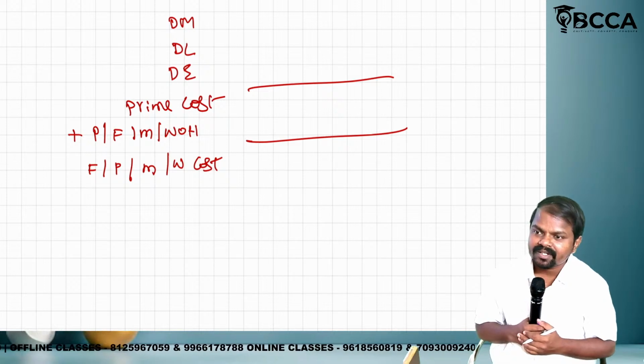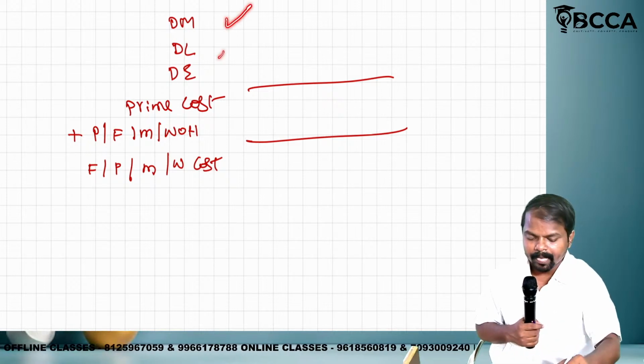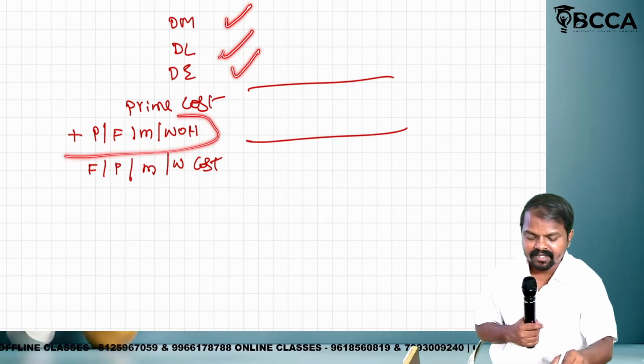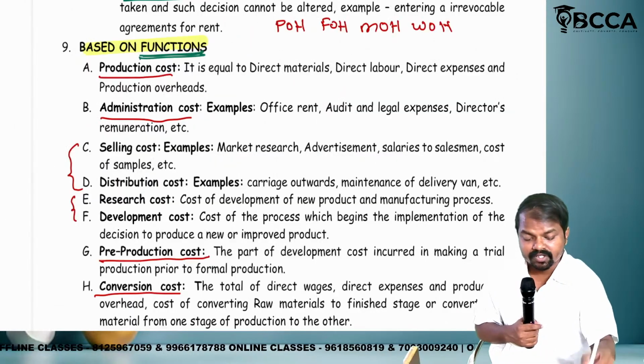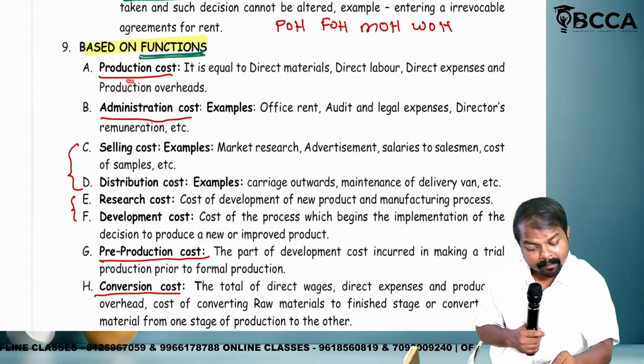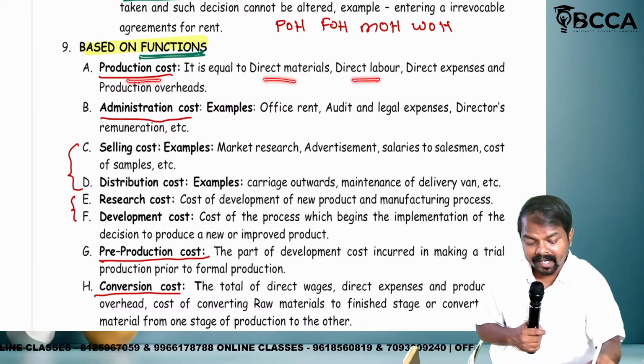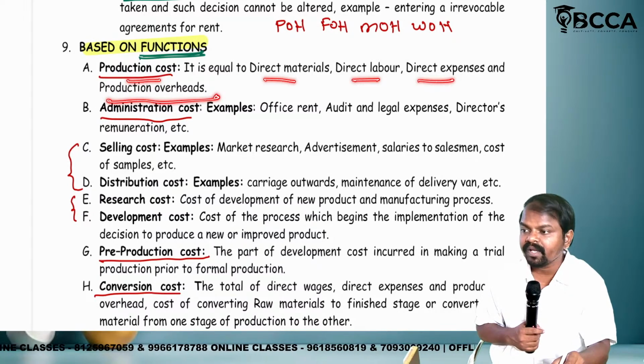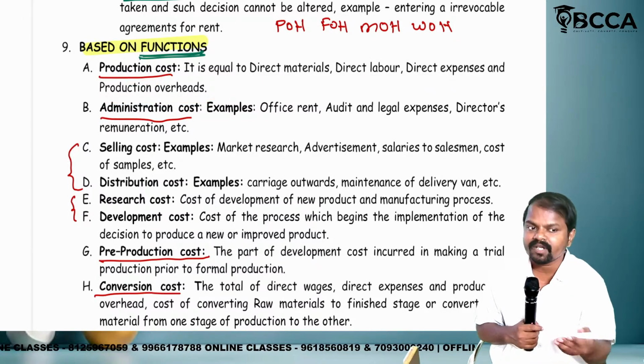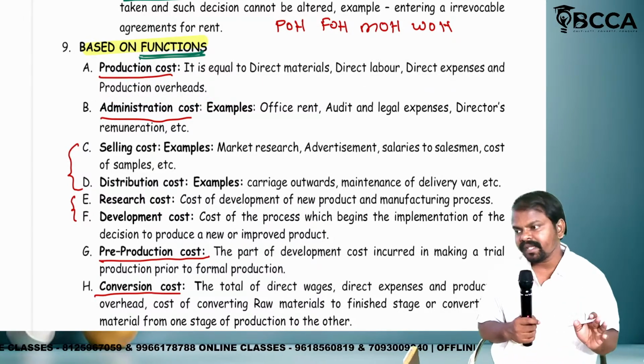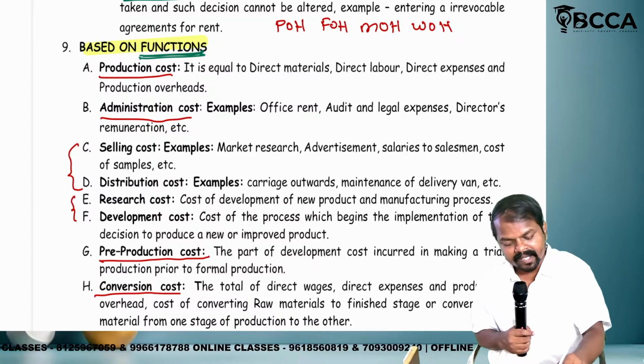How to get production cost? Tell me. DM, DL, DE adjusted with POH. That is the reason production cost means DM, DL, DE, POH. POH, name it as FOH also, MOH also. Clear? Please make a note, refer to the cost sheet.